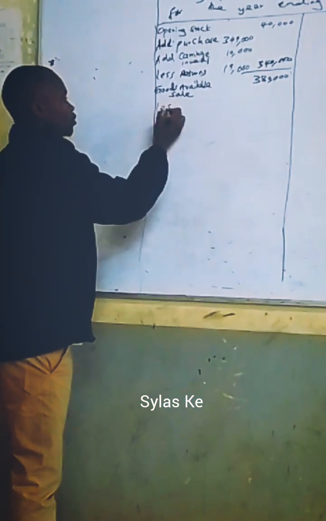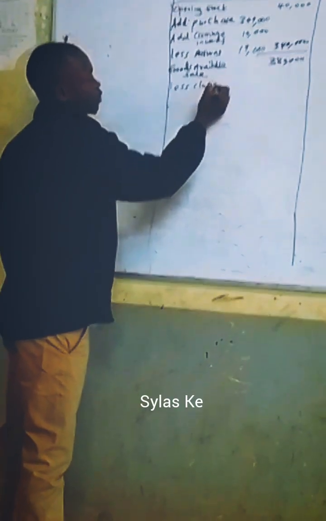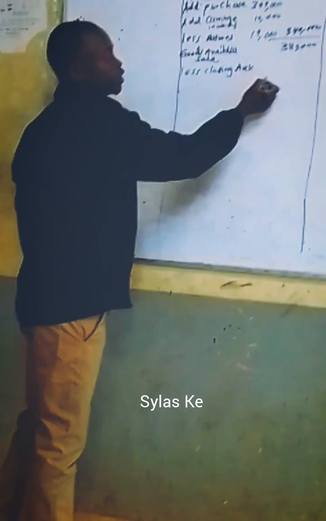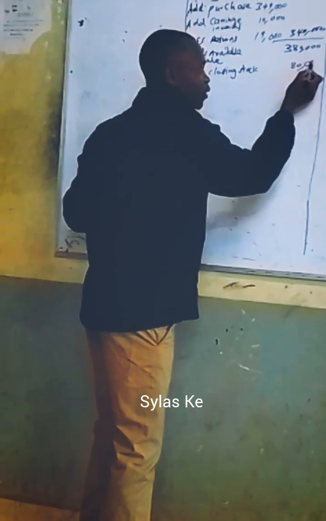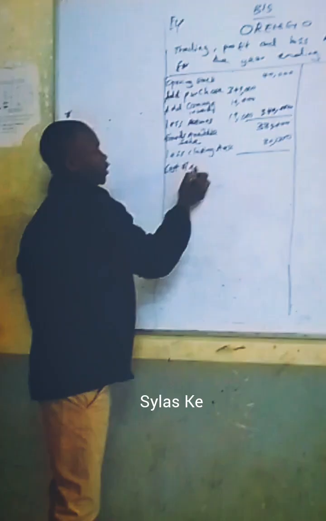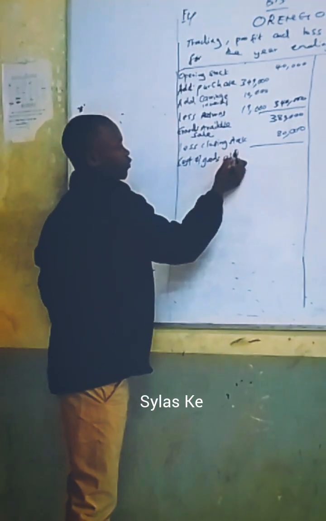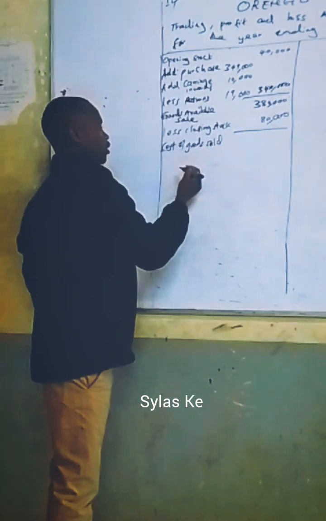So less closing stock, 80,000. After less 80,000, it will give us the cost of goods sold.